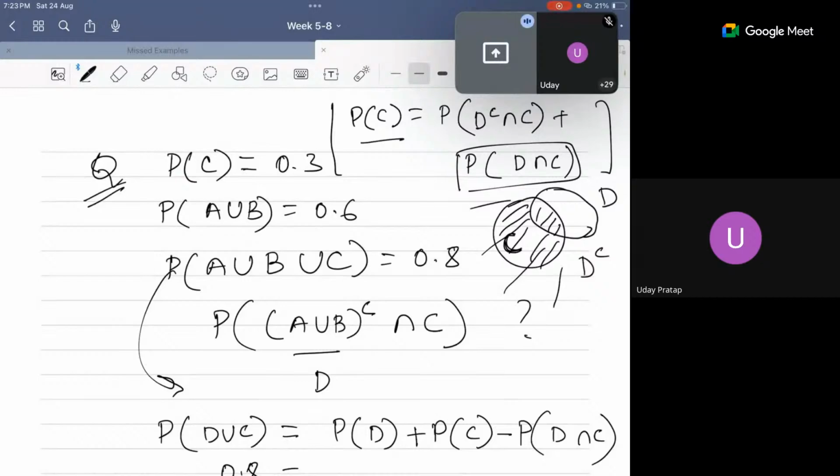That's why P of C you can directly write as any event D complement intersection C plus D intersection C. Overlap will come even if there is no overlap; one of them will become 0 and the other will become 1. Correct? Is it?